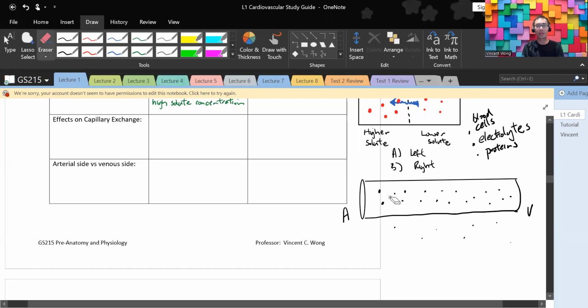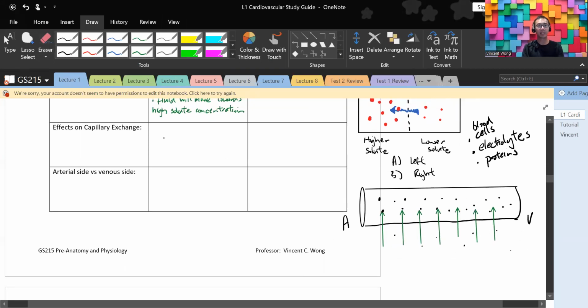So with that, we have a solute concentration gradient, and that creates the osmotic pressure that will be drawing the fluid into the blood vessel. The pressure is pretty much the same as you move from one side to the other.